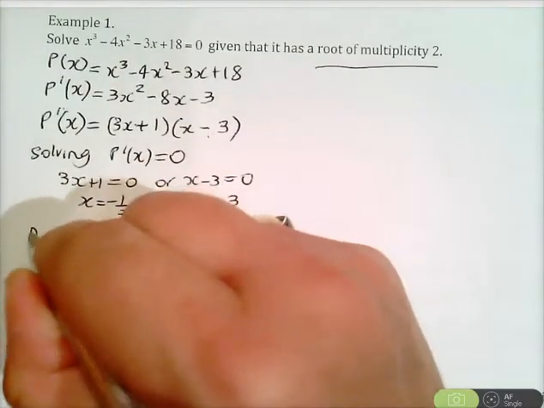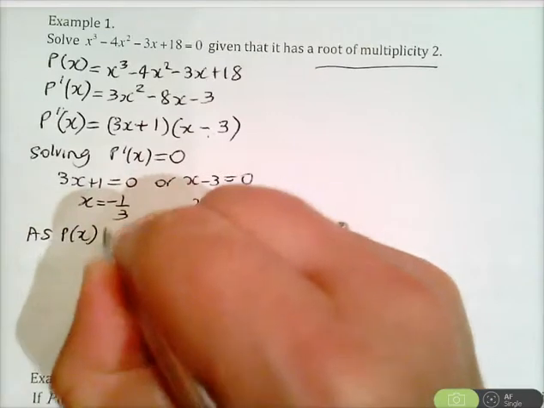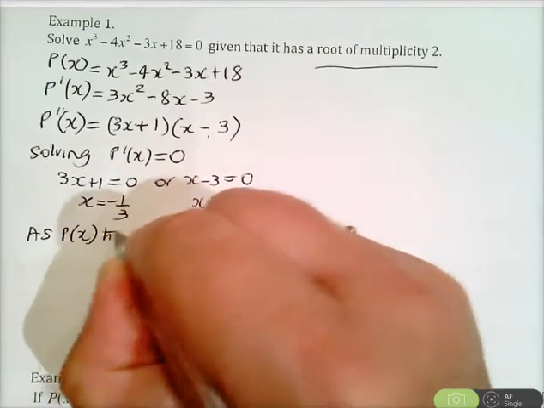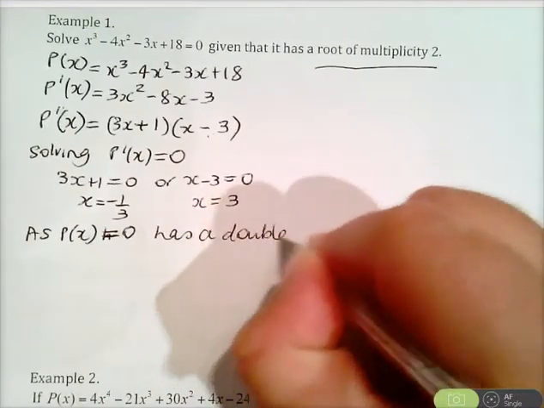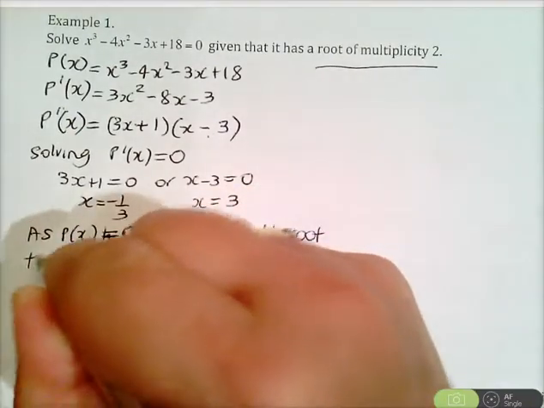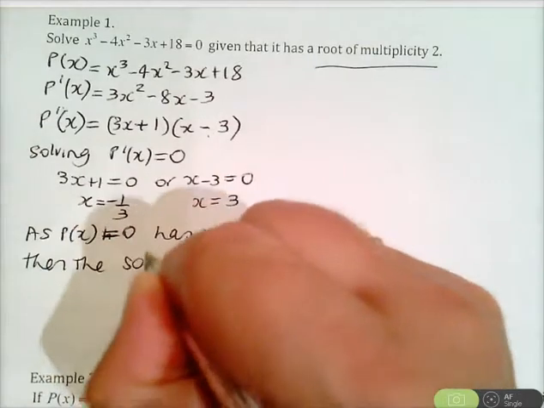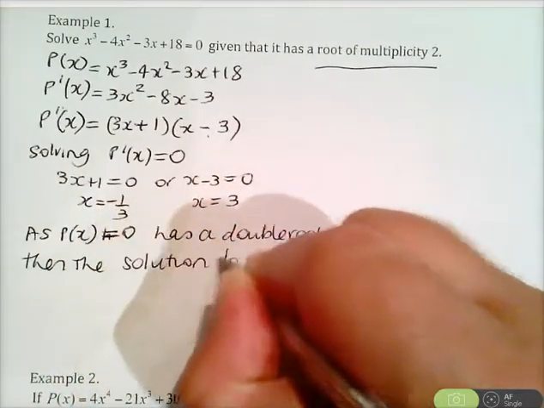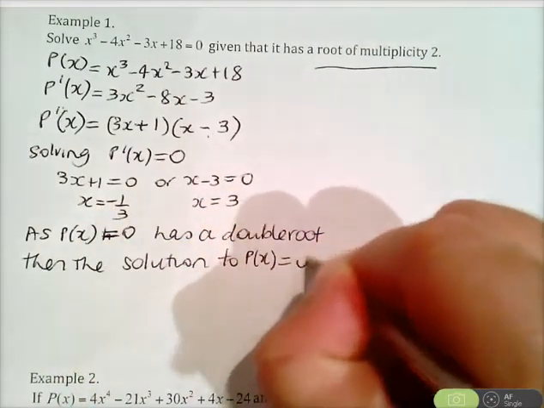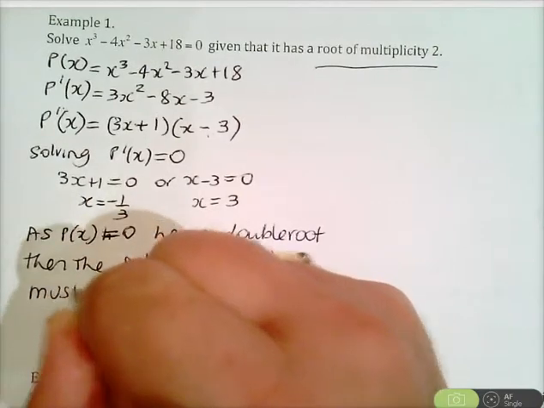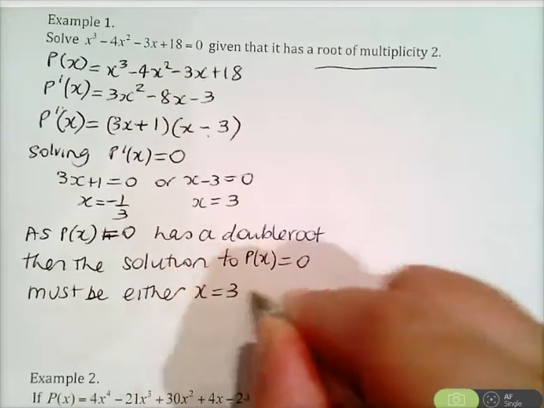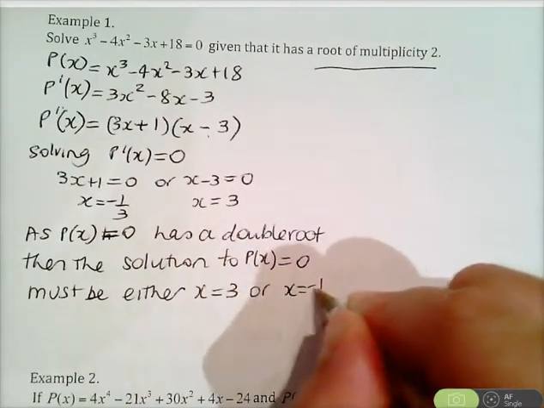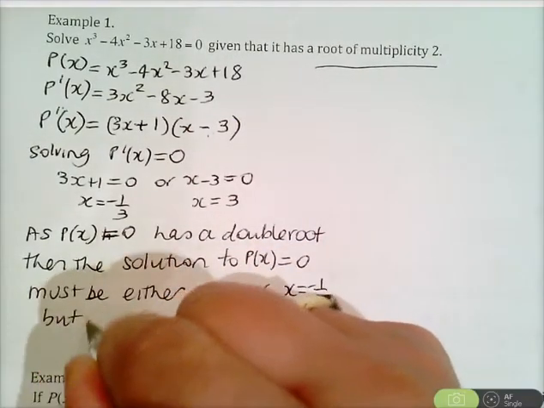Okay, so as your polynomial in x, which is equal to 0, has a double root, then the solution to p of x equals 0 must be either x equals 3 or x equals negative 1/3, but not both.